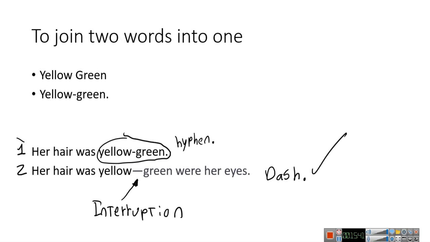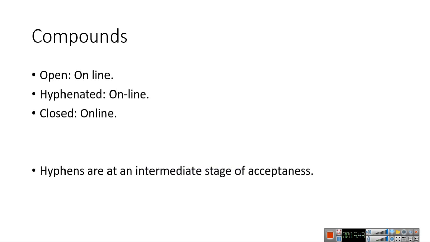And now let's talk about compounds. Compounds is the word that we use when we join words with a hyphen. We also call those words hyphenated. There are three types of compounds. Open, like this one, which doesn't have a hyphen, online.